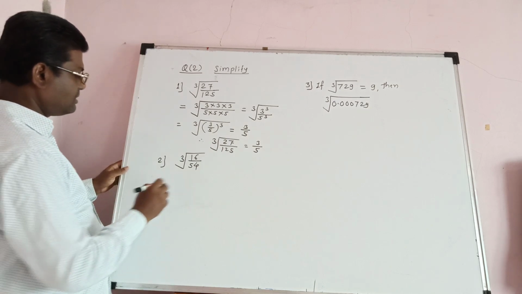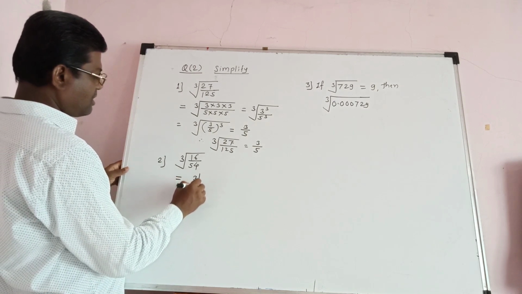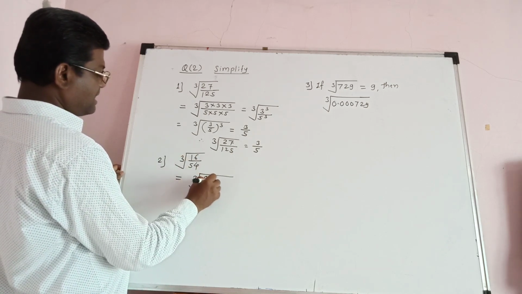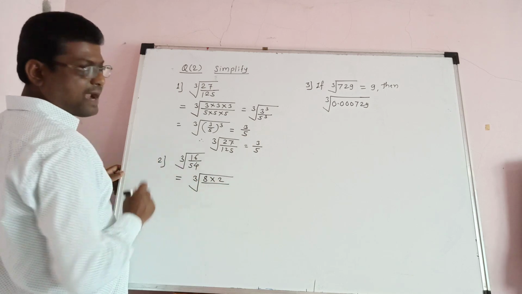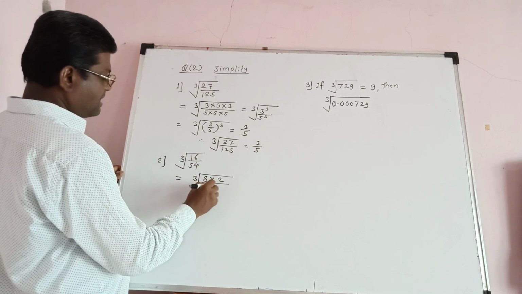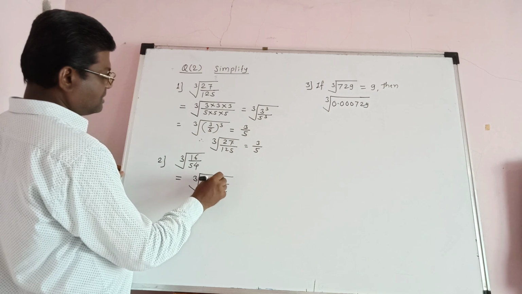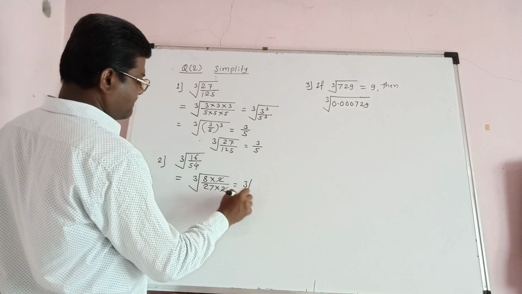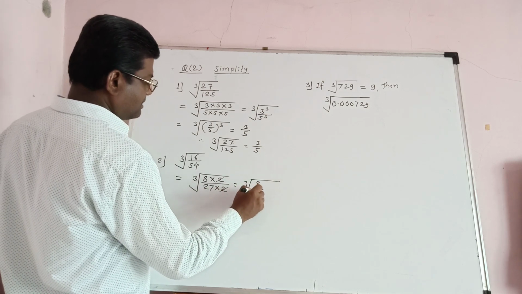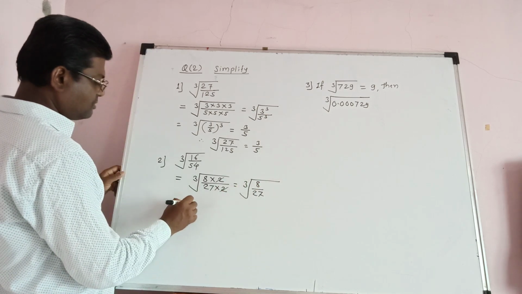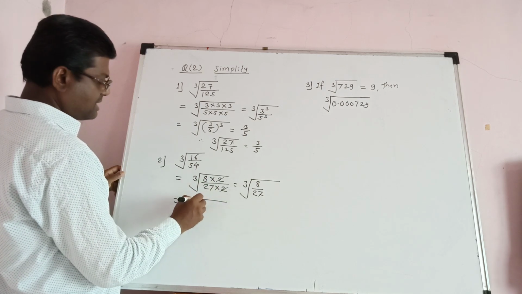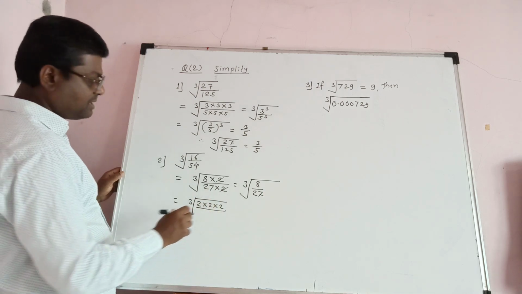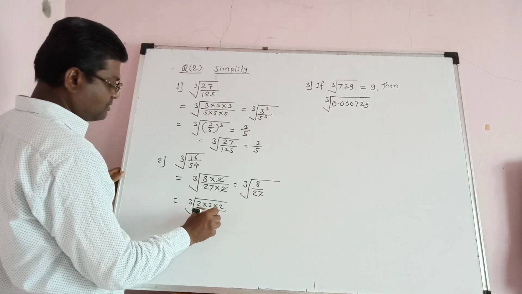Now example number 2. Cube root of 16 upon 54. This 16 can be written as 8 into 2 and 54 can be written as 27 into 2. This 2 will get cancelled. So cube root of 8 upon 27 is equal to cube root of: 8 can be written as 2 into 2 into 2 and 27 can be written as 3 into 3 into 3.